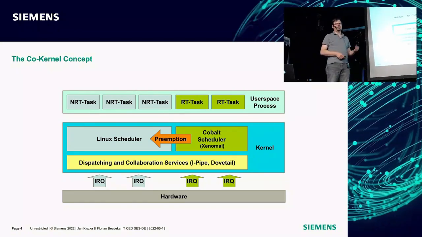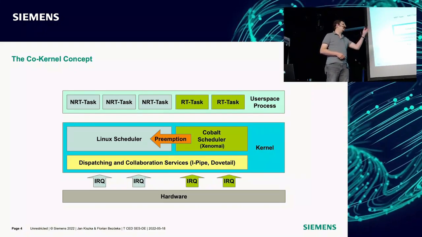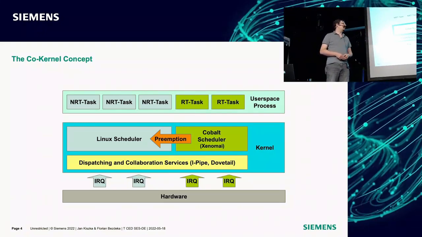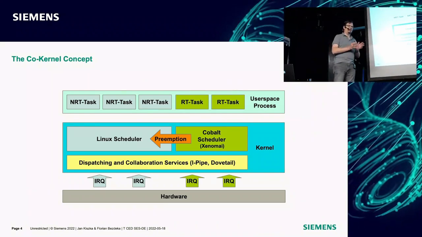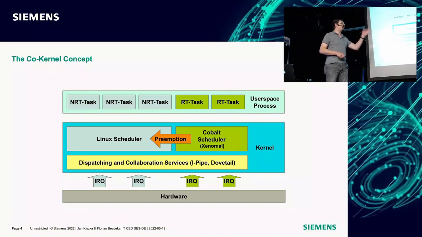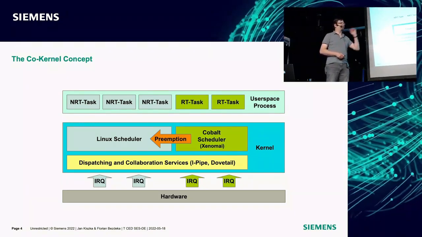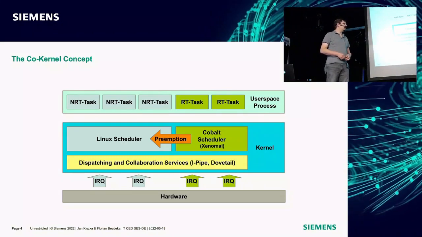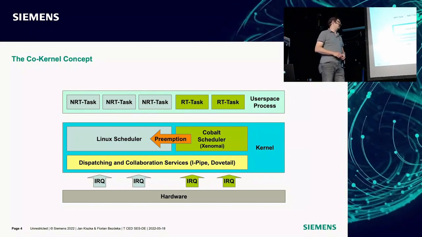If the Linux scheduler is running, but a high priority event comes in, then the real-time scheduler can suddenly preempt conceptually at any point. Practically, there are certain small code paths remaining which are not preemptable. It can preempt the existing Linux system and take over the control for the real-time code path. So this is the co-scheduling concept as the Xenomai project is implementing it.